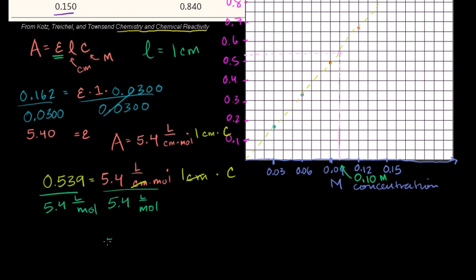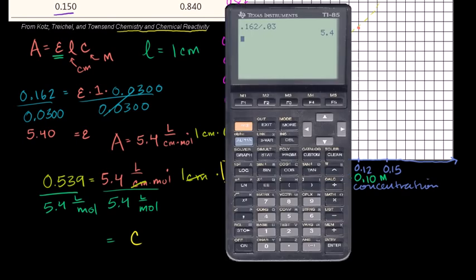And what do we have? On the right-hand side, all of this business is going to cancel out. We're just going to have this concentration left over. So our concentration is equal to, let's figure out what this number is. So we have 0.539 divided by 5.4 gives us, and this was actually 5.40, so we actually have 3 significant digits.